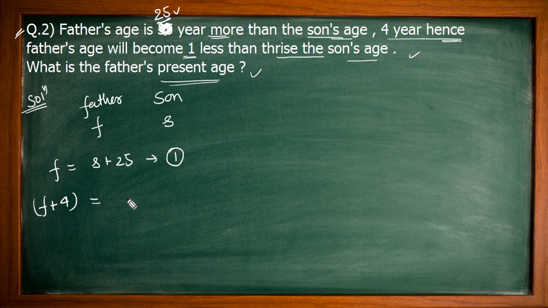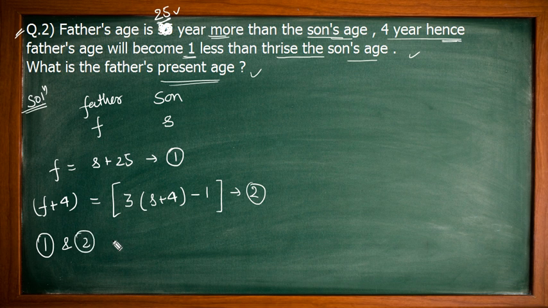So first of all, you have to take thrice the son's age, it will be 3 into s plus 4, and then 1 less than that. So this is your second equation. Okay, solve first and second.